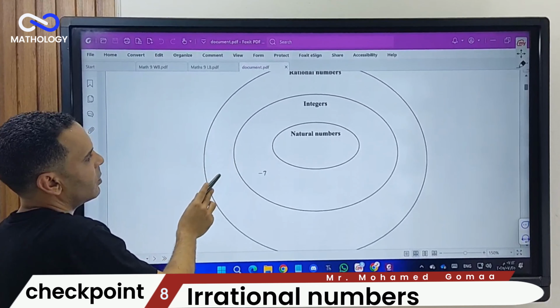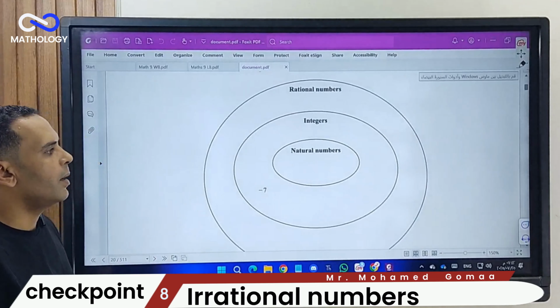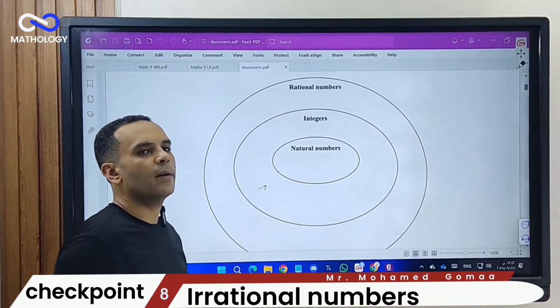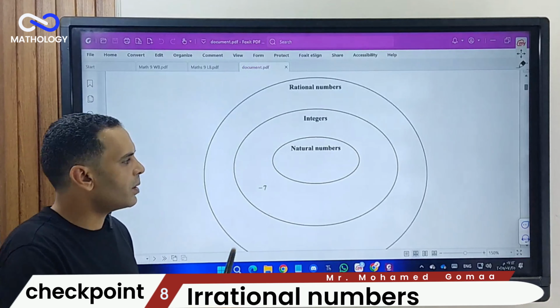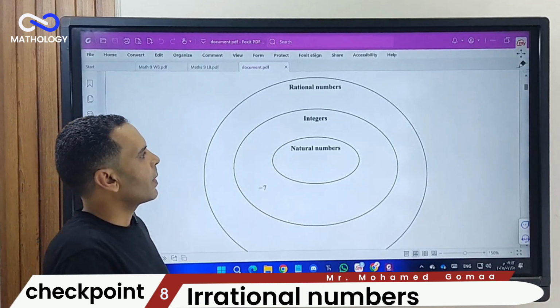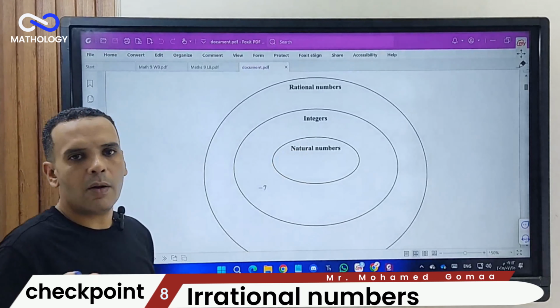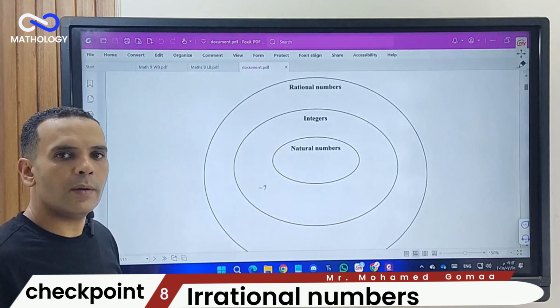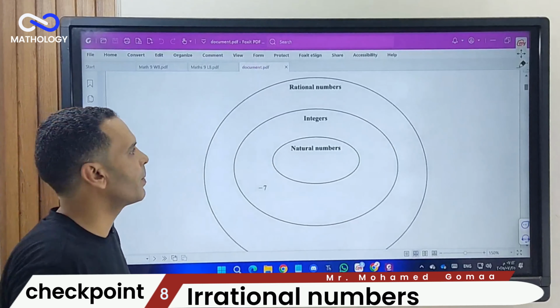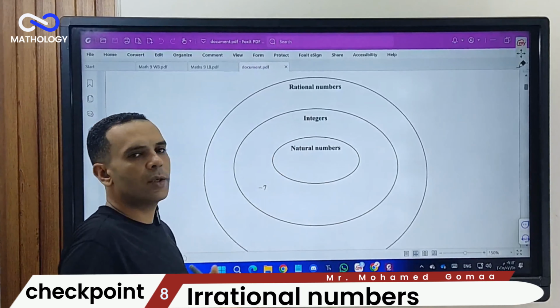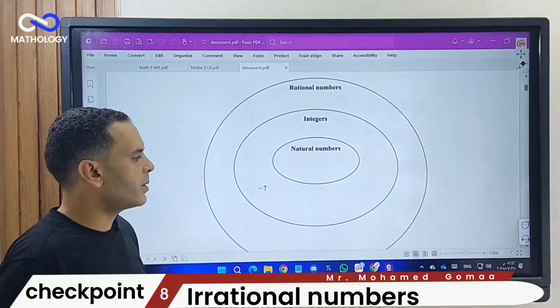A Venn diagram like this one. Natural numbers: 1, 2, 3, 4, and so on. Integers: whole positive numbers, or negative whole numbers, or zero. Rational: fractions, decimals, integers, and so on.